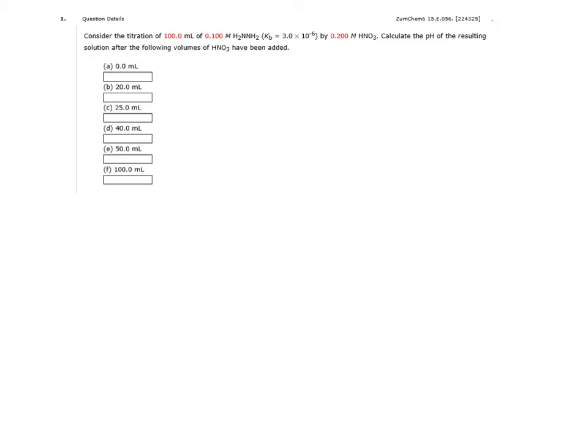Let's start with the easiest part of this problem, which is part A, wherein 0 milliliters of the strong acid nitric acid has been added. In this case, it's just a weak base problem, just like we had done in chapter 14.